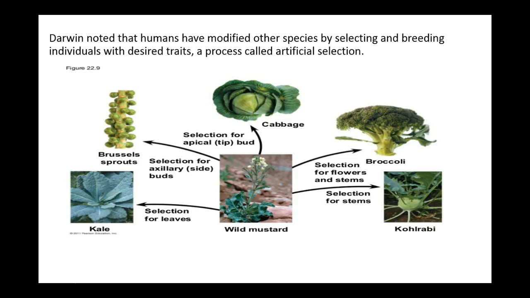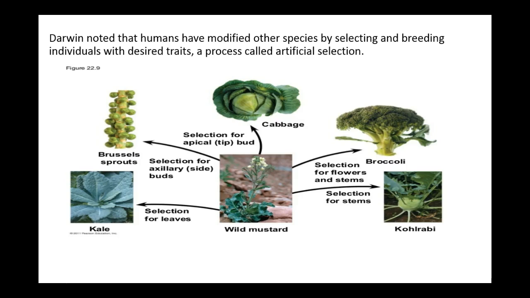And so this artificial selection was definitely being used, and used to an advantage in terms of, as I said, hunting dogs, or even agriculture, probably a better way to use this. And what you have here is a wild mustard in the middle. The wild mustard is the ancient ancestor for all of these plants which we recognize, like kale, Brussels sprouts, cabbage, broccoli, and kohlrabi.